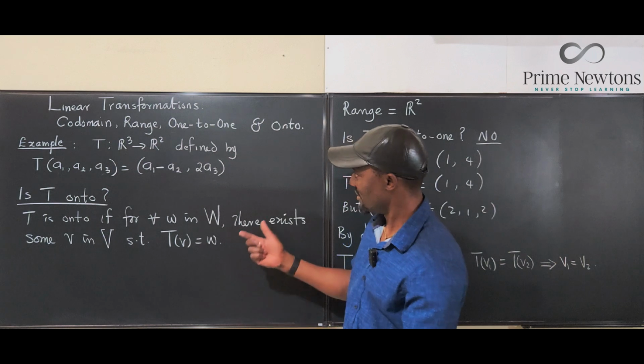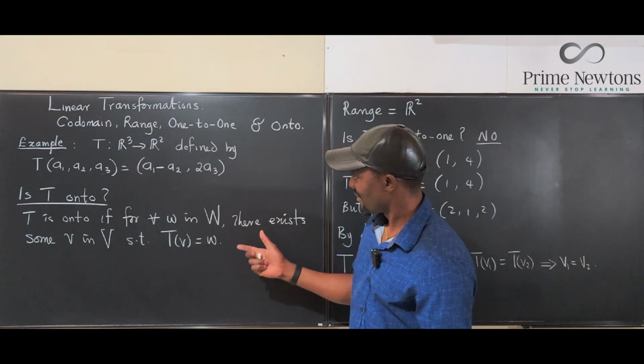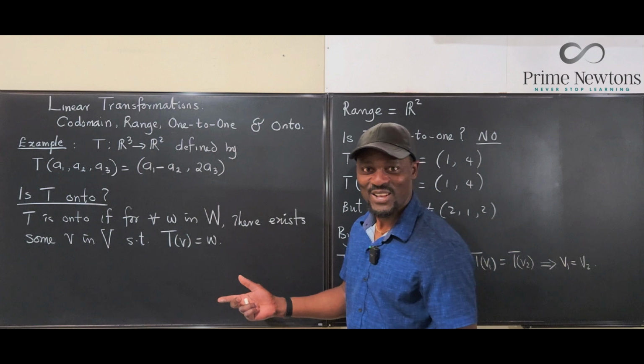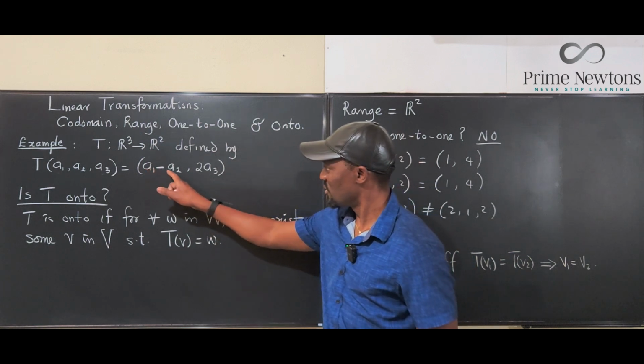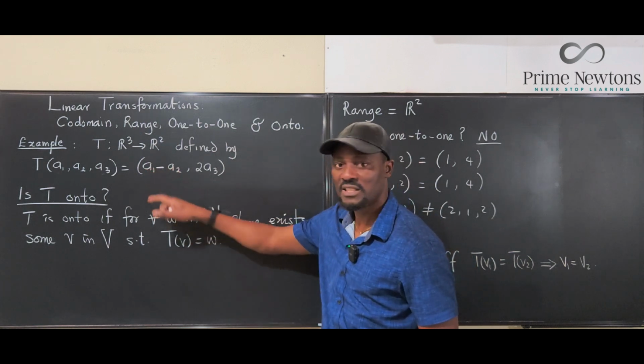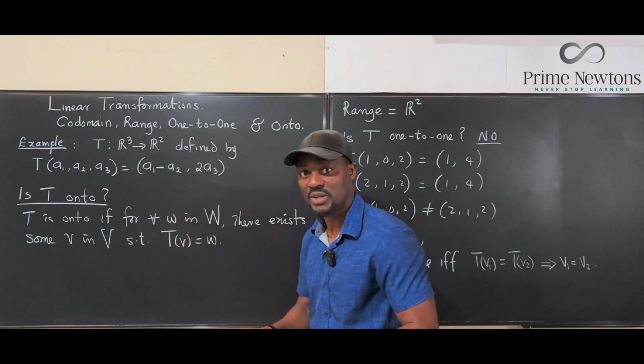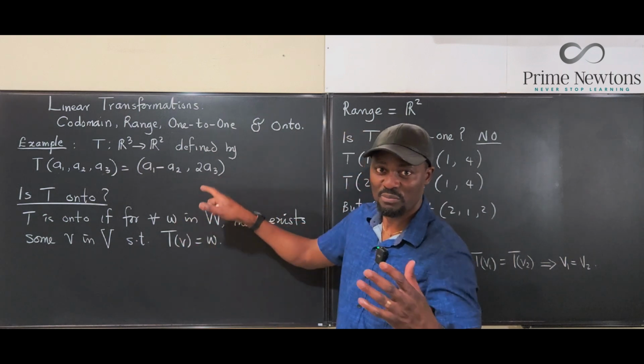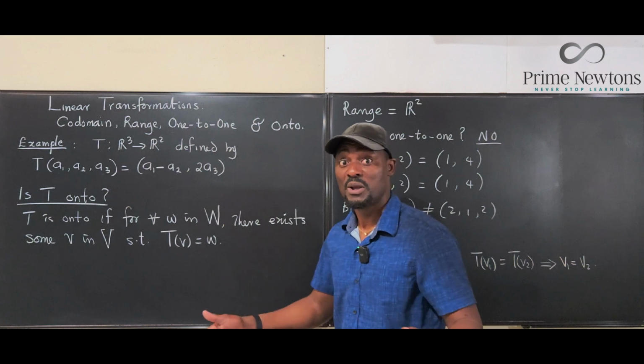Okay, there's none. There is none. Okay? So, because this is real, all real numbers can be generated by simple subtraction of other real numbers. Okay? And any real number can be generated by multiplying another real number by 2.